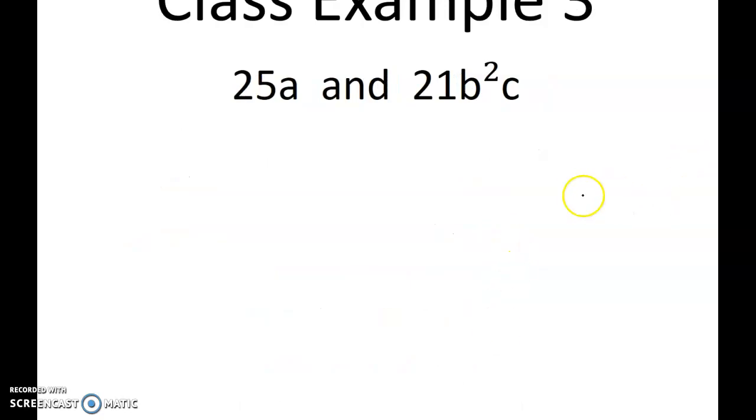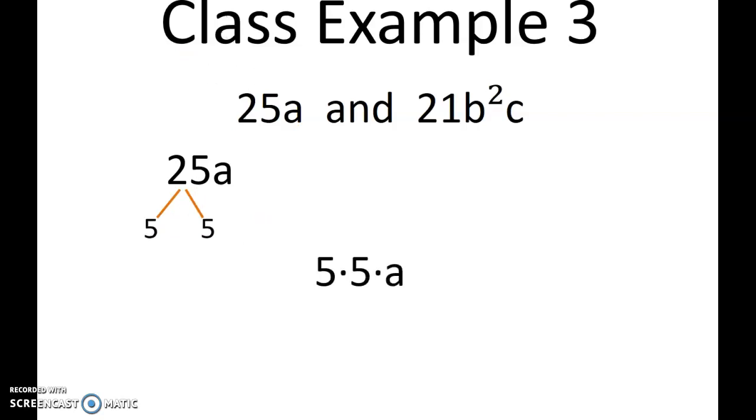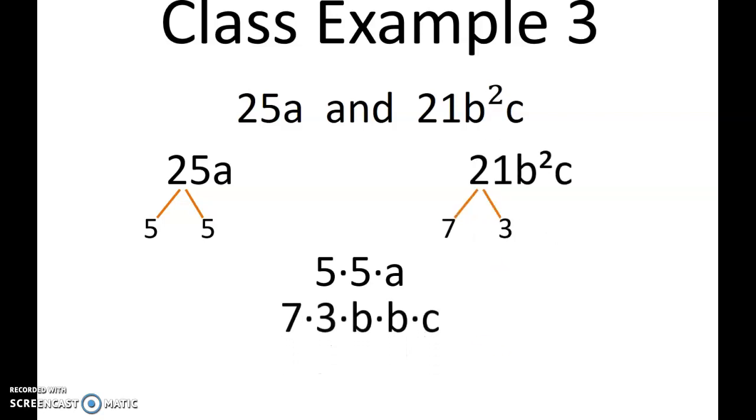All right, another example. So we factor 25. Those are our prime numbers. We factor 21. And those are our prime numbers.